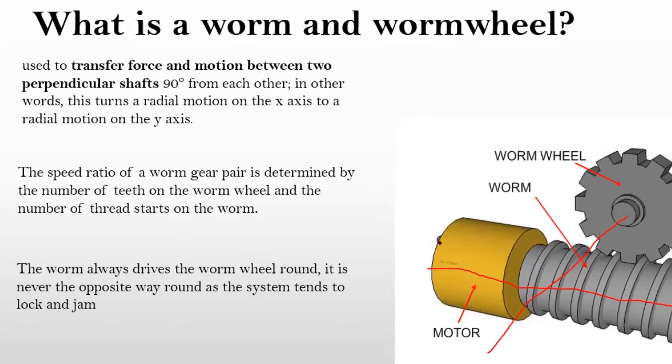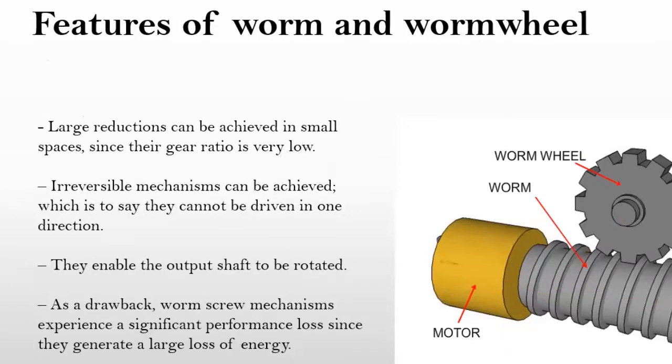If you turn it the other direction, it locks or jams. It cannot move; it is self-locked. Understand? This is the special feature the worm and worm wheel gear drive has.